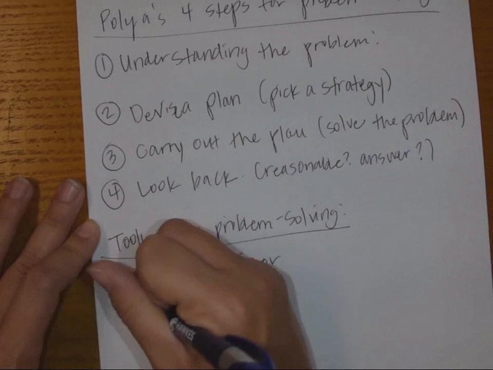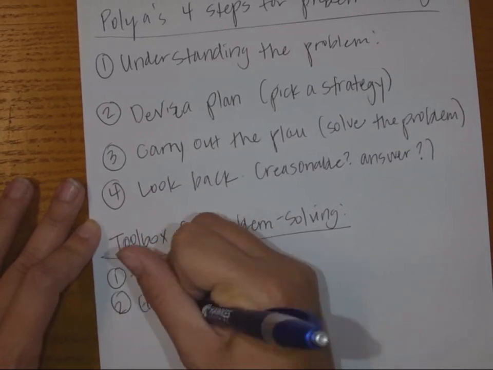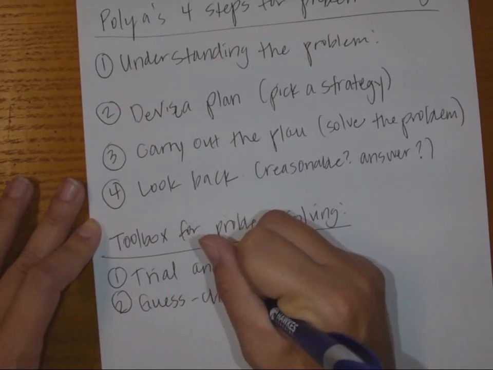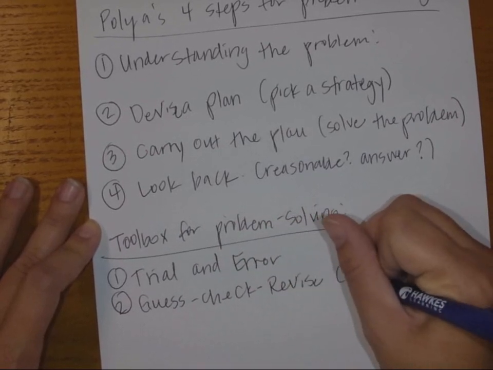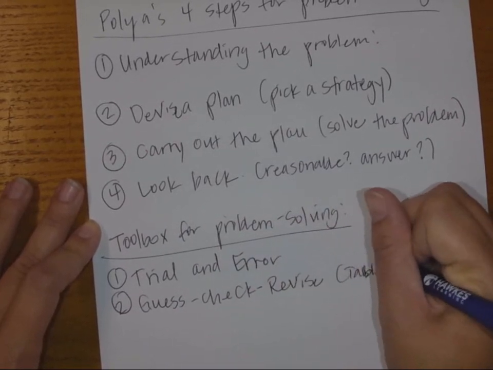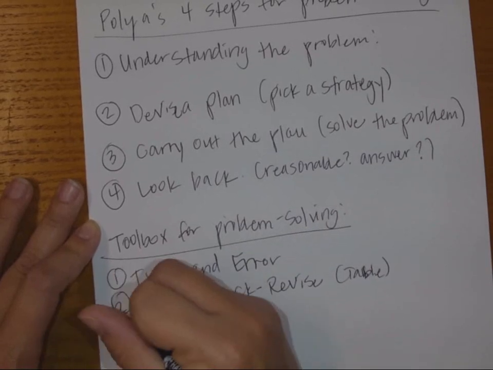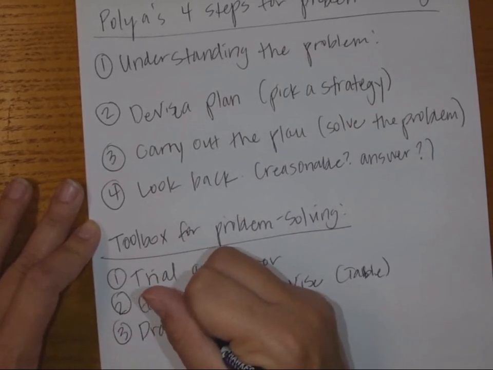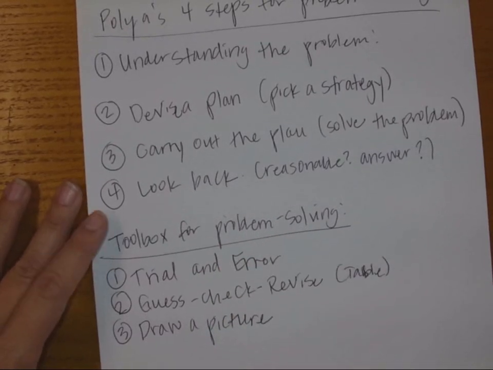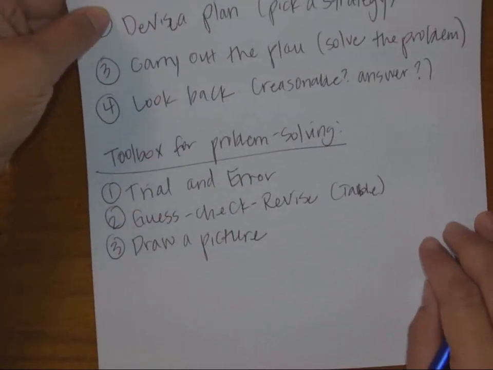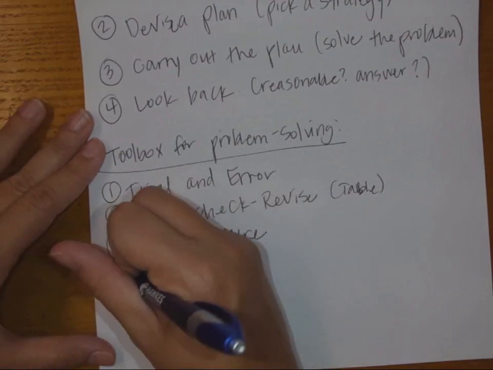The second one is guess, check, and revise, and for this one we use a table. The third one is drawing a picture. I know sometimes I write fast. If I'm writing too fast for you, you can always pause your video to catch up. And then the last one we're going to go over is using algebra.